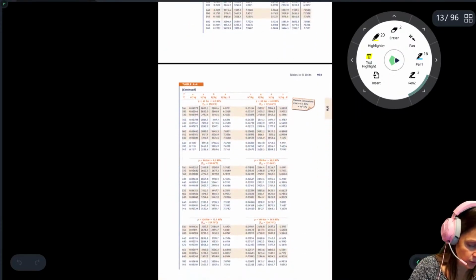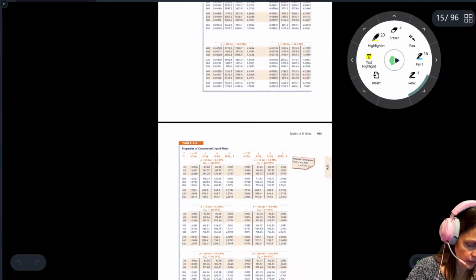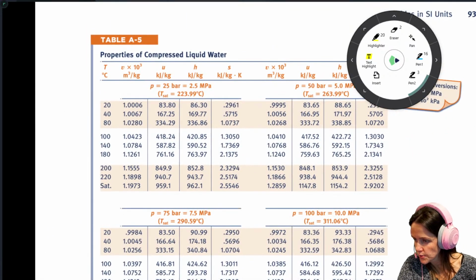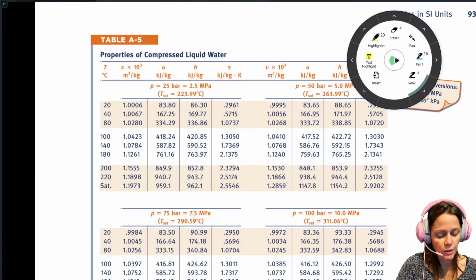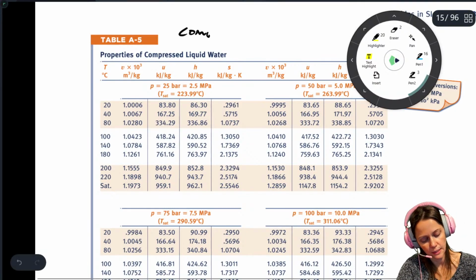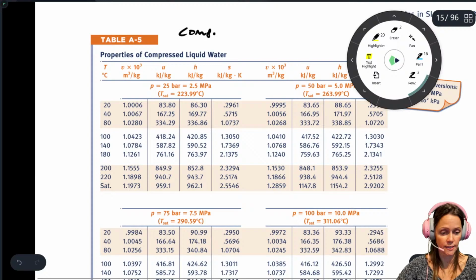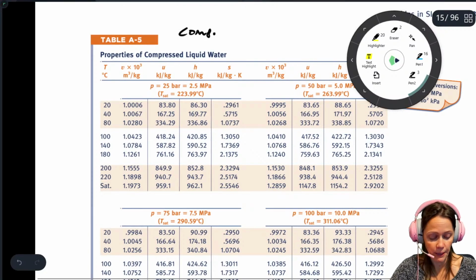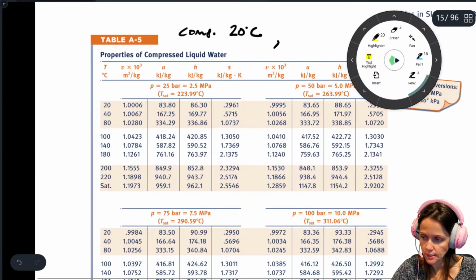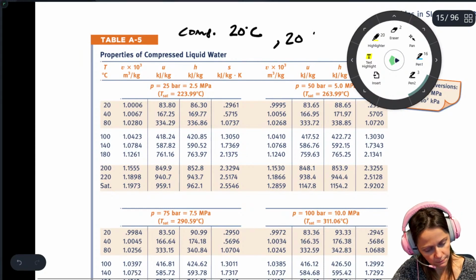So let's say that we figure we know it's compressed. We figured that out from the data in the saturated tables. And we want data for 20 degrees Celsius and 20 bar.